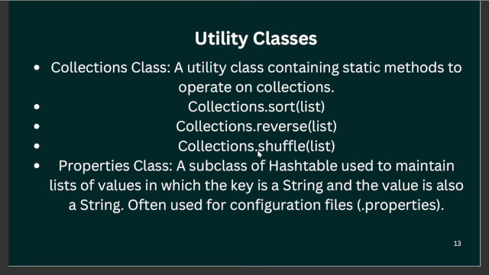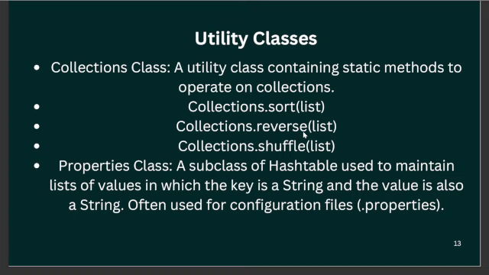The next topic will be utility classes, which is basically the Collections class, a utility class containing static methods to operate on collections. It basically provides ready-made methods, like sort, reverse, and shuffle. Collections.sort is basically used for sorting, and we pass a list there.